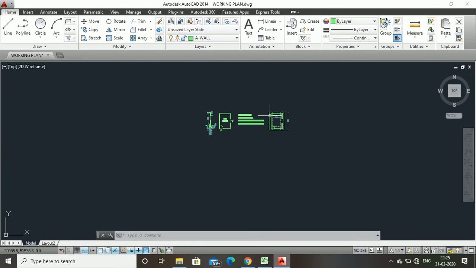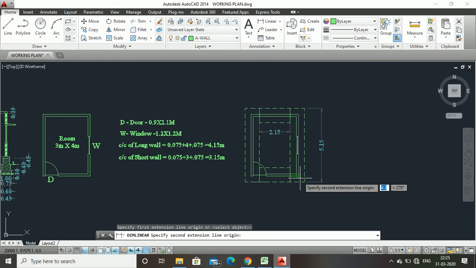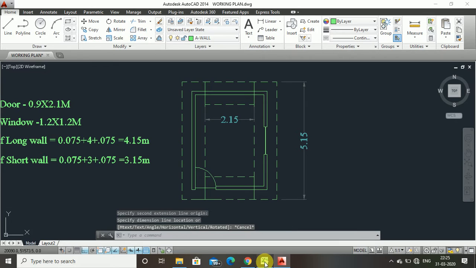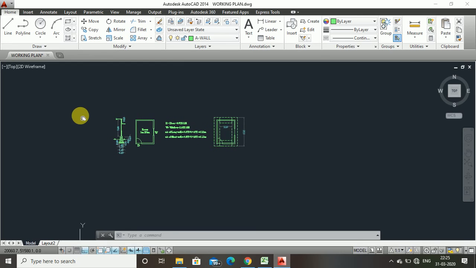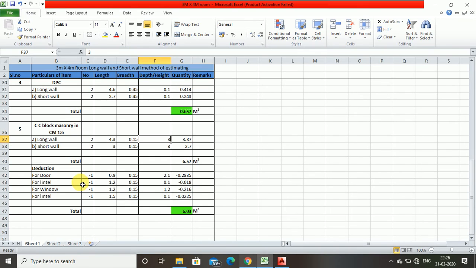Let me show. Once I measure long wall, this will get 4.3 as we have got, and short wall will be inner to inner distance, that is 3 meter. Height is 3 meter as I have shown in the section. Height of the wall is 3 meter, we call it ceiling height.